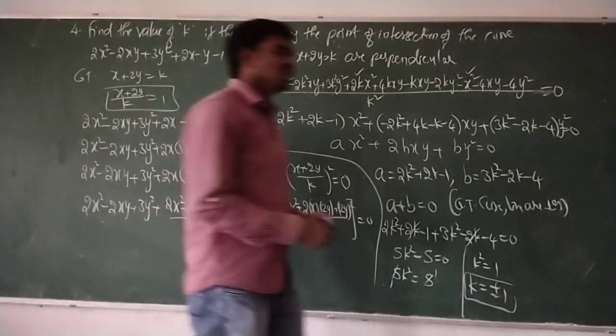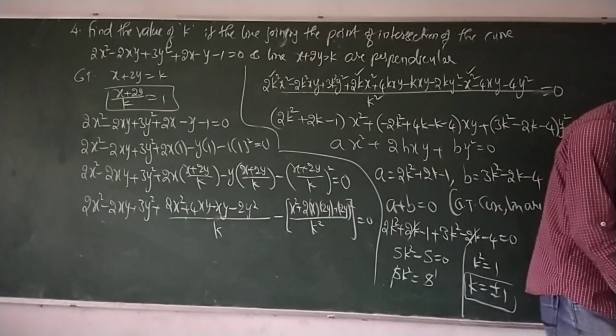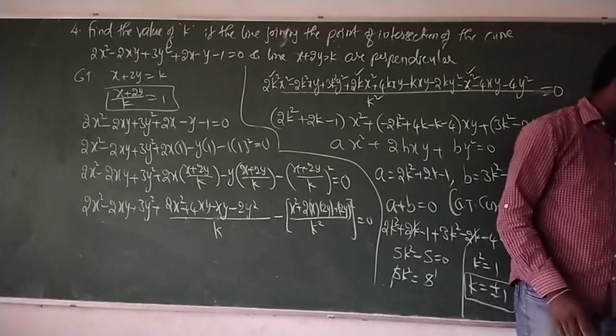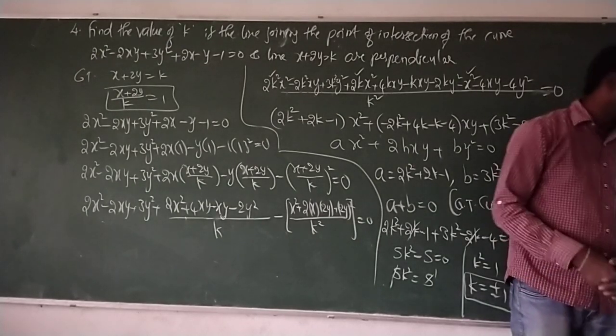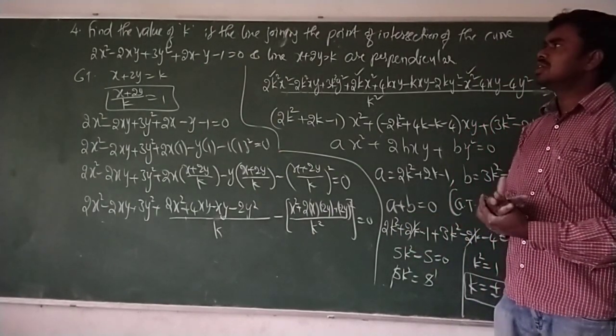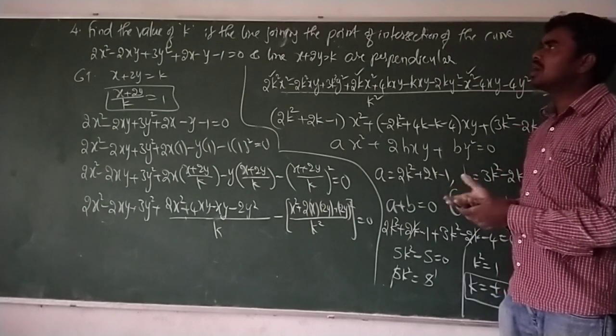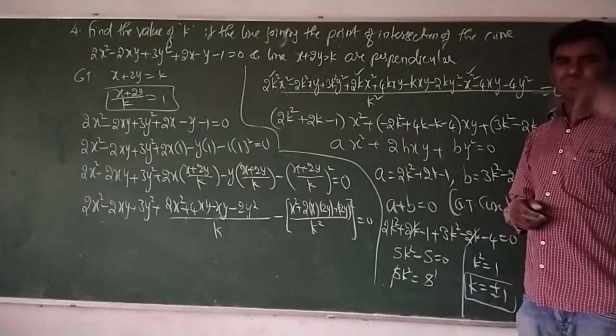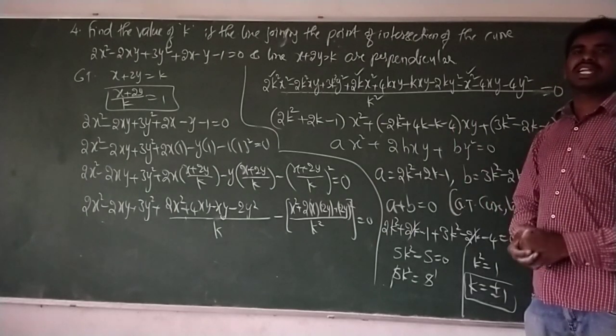So dear friends, these are just four 7-marks questions I explained here, and the remaining 7-marks questions are also there. So in the next part, I will continue with the remaining important 7-marks questions from the pair of straight lines chapter.